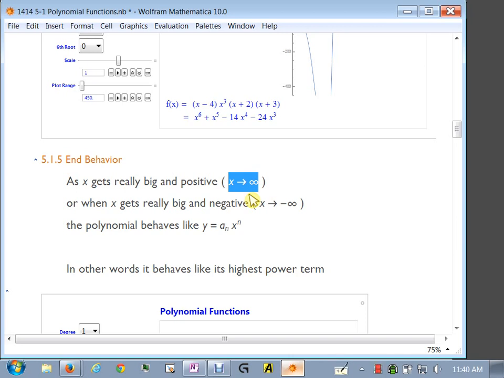As x approaches infinity is what that means. Or when x gets really big but negative, so that means to the left, we use this notation: x approaches negative infinity. So with polynomial functions, when you go out to the right forever, or you go out to the left forever, the polynomial behaves like this. What is that?